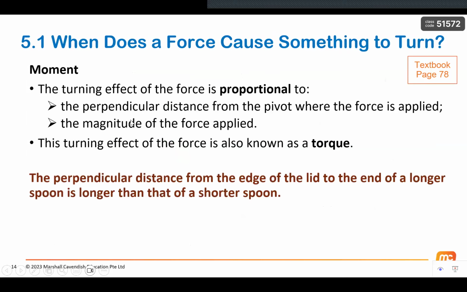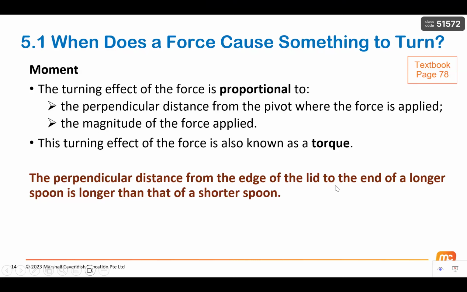Okay, and so we come back to just now the example of why is it easier to open the tin lid using a longer spoon. So when we use a longer spoon, what are we increasing? We apply the force at the end of the spoon. So with a longer spoon, the perpendicular distance between the pivot, which is the edge of the lid, to the force or to the line of action of the force will be greater.